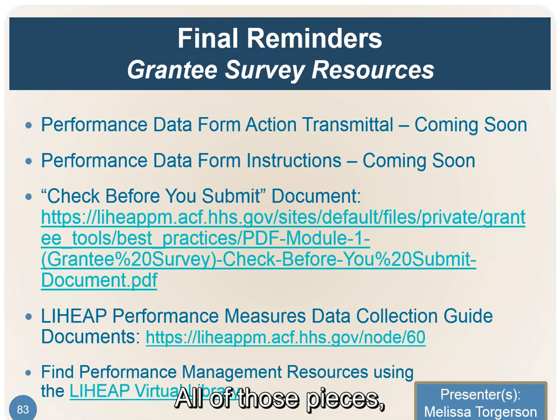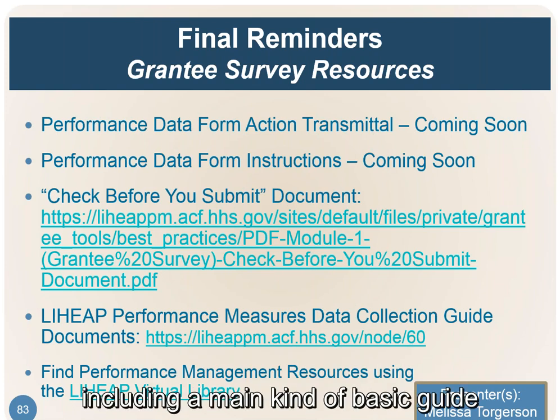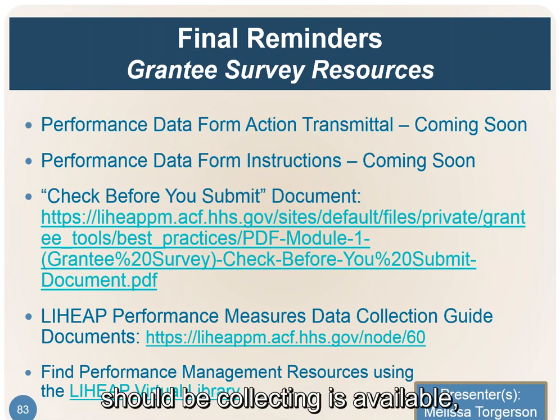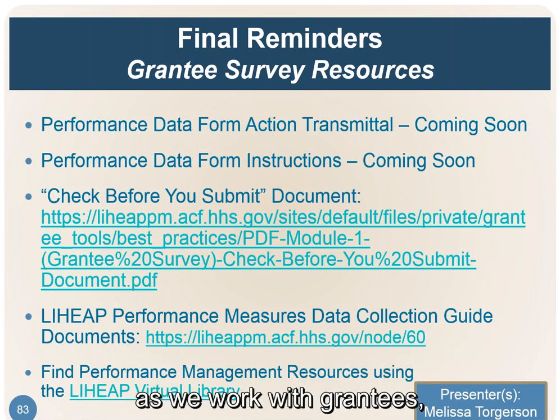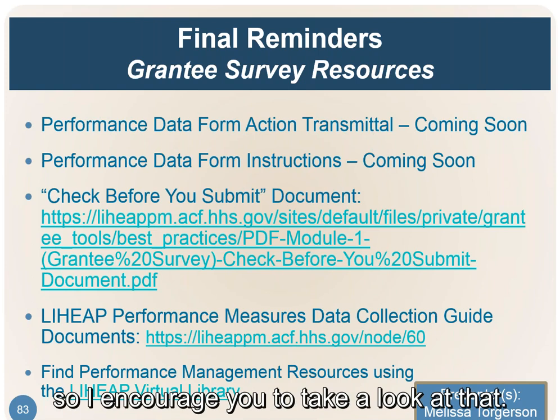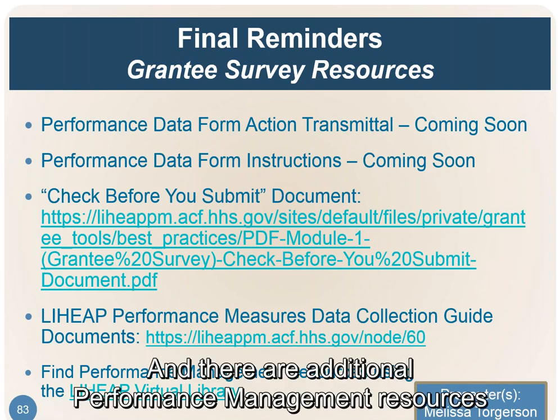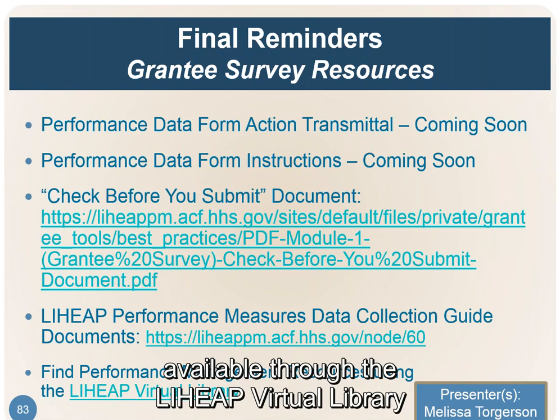All of those pieces, including a main basic guide on the kind of data you should be collecting, are available. We've worked on that resource for several years and refined it as we work with grantees. So I'd encourage you to take a look at that. There are also additional performance management resources available through the LIHEAP Virtual Library that you can go find.